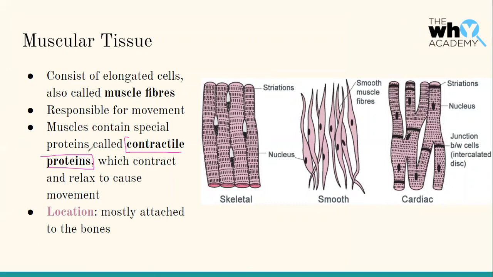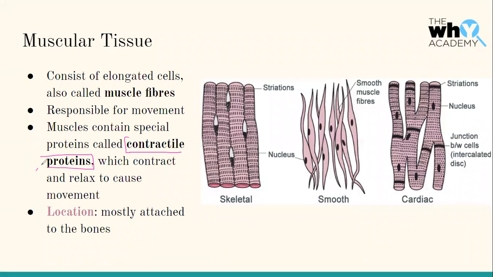Muscles contain special proteins called contractile proteins, which contract and relax and cause the movement. I think you might know how muscles work. Muscles work by alternate relaxation and contraction. That's how we are able to move our fingers, our arm, our leg, etc. All the voluntary muscles. This is done by contractile proteins, which are a combination of two proteins, actin and myosin.